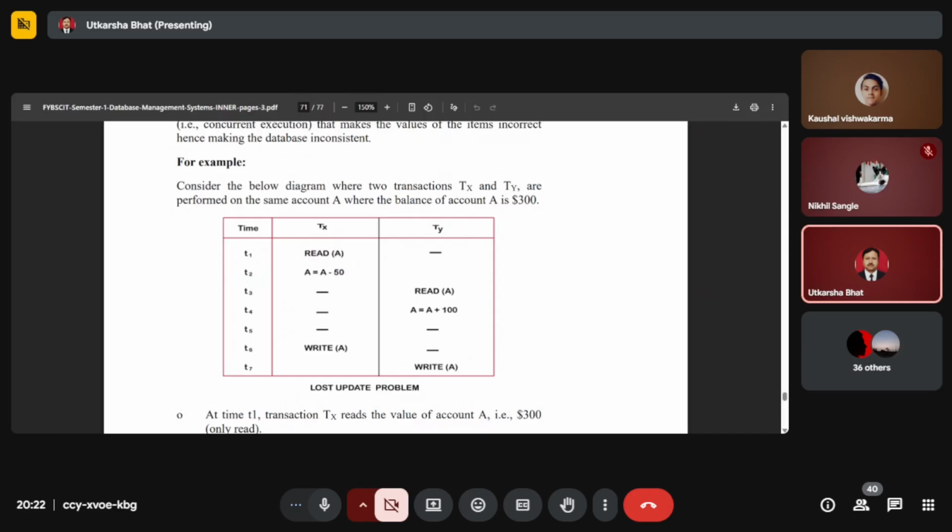$300. So here there are different transactions, T1, T2, up to T7. Tx is one transaction, Ty is another transaction, performed on the same account A, where the balance of account A is $300.